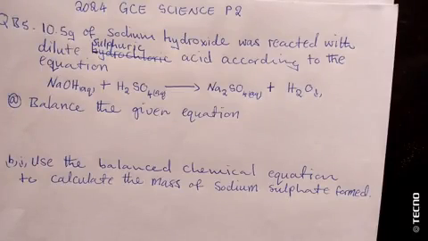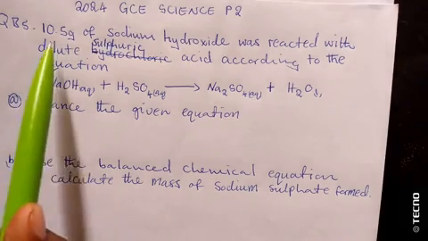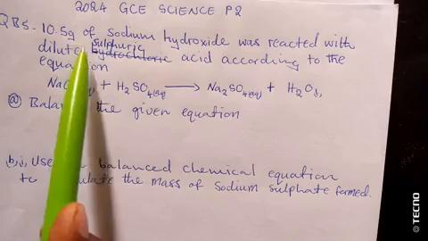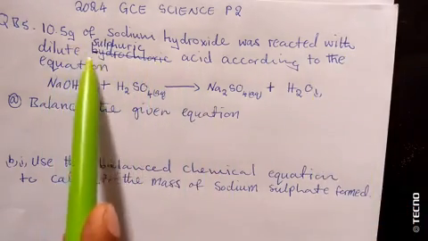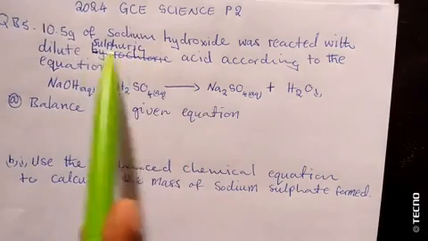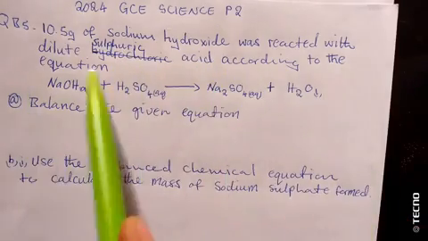Just want to revise with you 2024 GCE Science Paper 2, question 5 under stoichiometry. So this question reads: 10.5 grams of sodium hydroxide was reacted with dilute sulfuric acid, according to the equation.